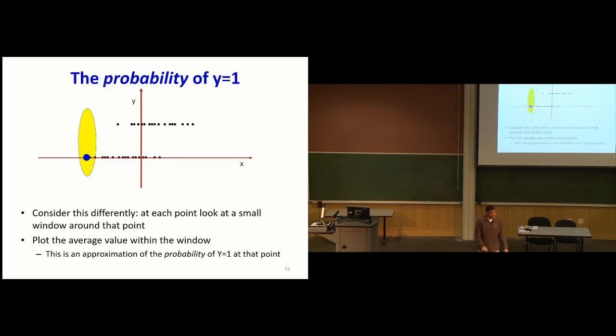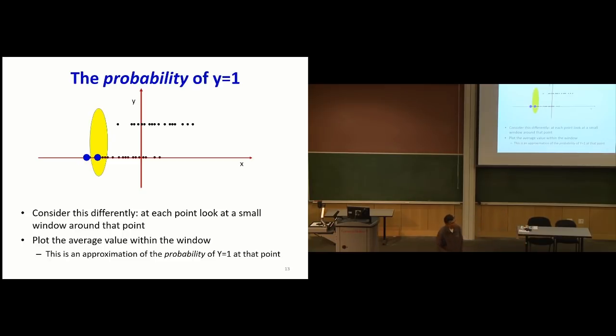At each point, instead of looking at just the training instance, let me draw a small window around that training instance and count what fraction of instances had the value 1 within that small window. I'm going to plot the average value within that window, which is the fraction of training instances within that window whose y value was 1.